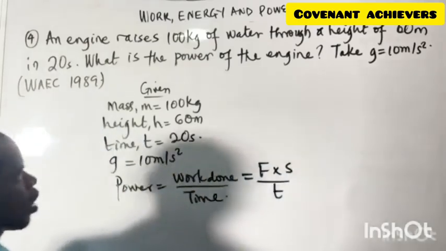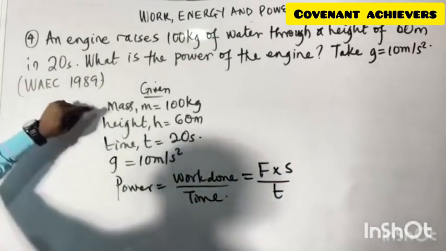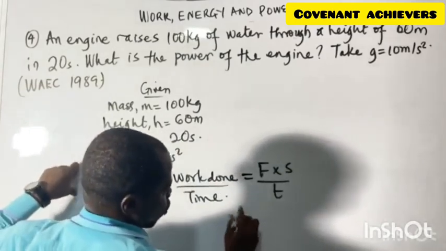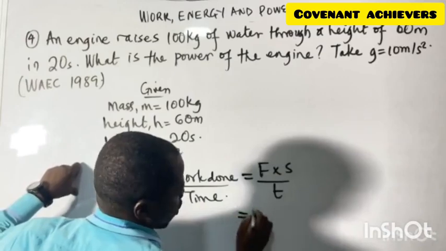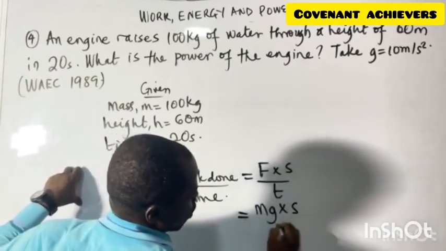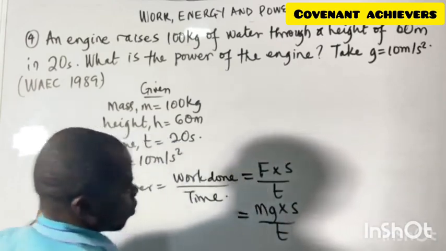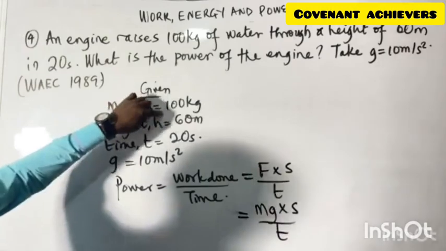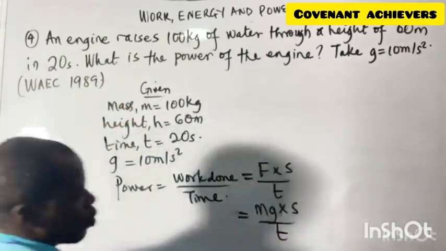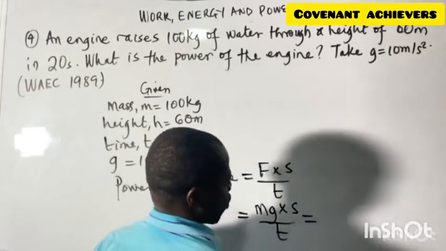Force is also equal to mass times acceleration due to gravity. That's mg times x divided by time. We have the mass, acceleration due to gravity, the distance, and the time. So on substitution, what are we going to have here?